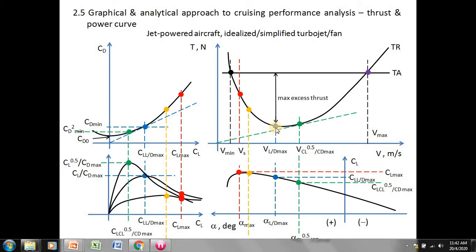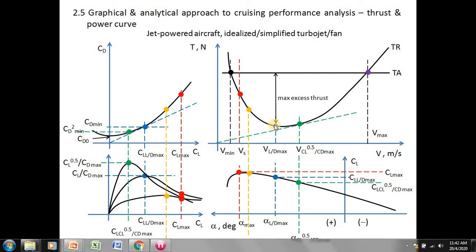For a jet aircraft, if you fly at this airspeed, you have the lowest drag, hence you can reduce the thrust available. You can reduce the thrust to this level, and maybe you can fly a very long time.